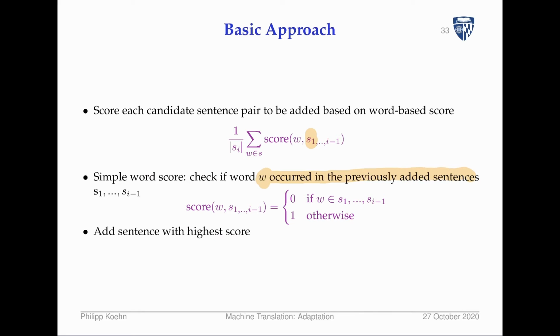When a new sentence comes around, the question is, should I add that to my training data? Does it contain words that have been seen before, and does it have many words that haven't been seen before? Then I prefer the sentences with the highest score, and in this particular simple scenario, those are sentences that have a lot of uncovered words.